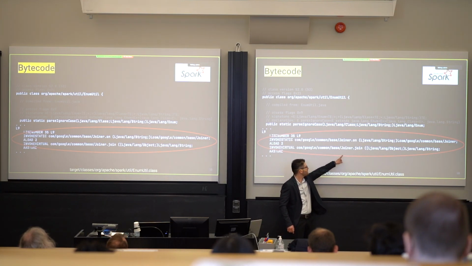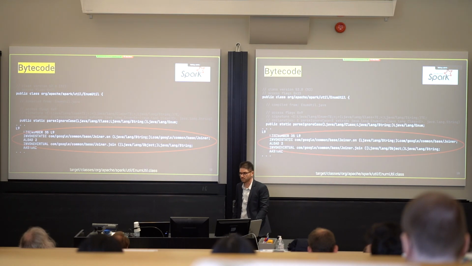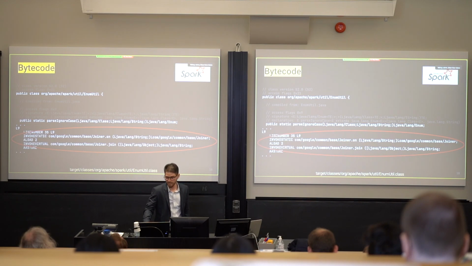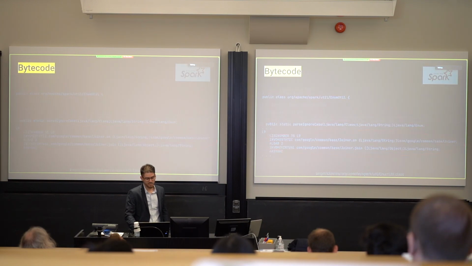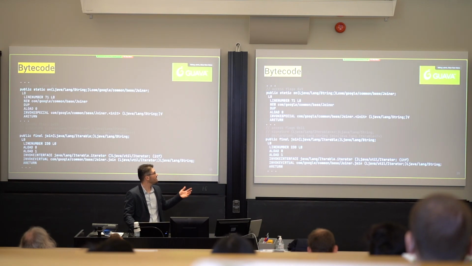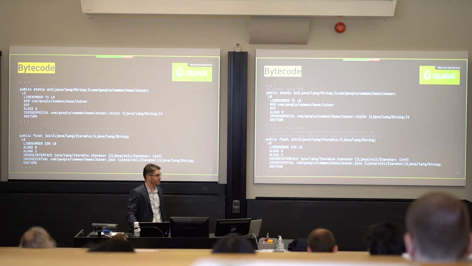And there is also another invocation to the method join in the same class Joiner. And this class is part of the library called Guava, which is part of Google.